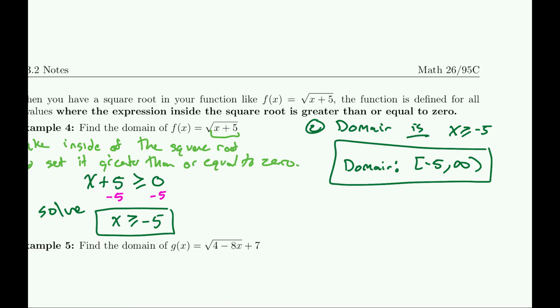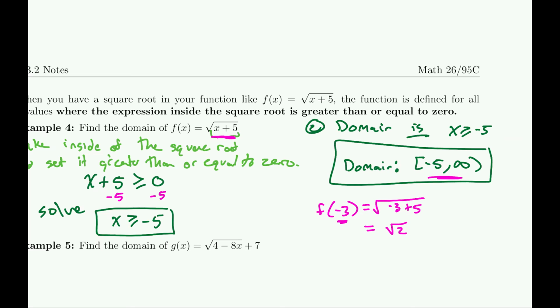And you can see that that's correct because, for example, if you try to plug in something in this interval, like let's say you try f of negative 3, is that allowed? You might be confused because you think, oh, didn't we say you can't take the square root of a negative? But just try it. f of negative 3 is the square root of negative 3 plus 5, so it's the square root of 2.